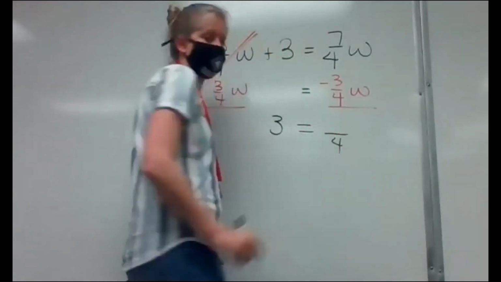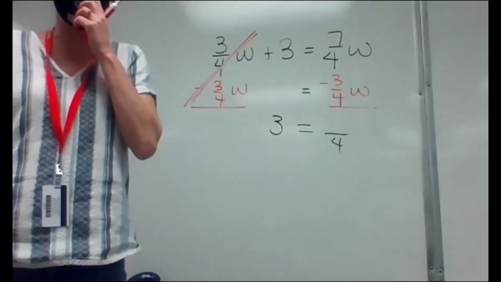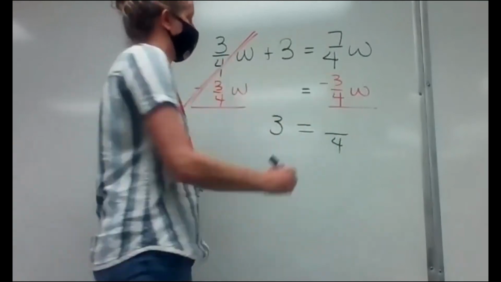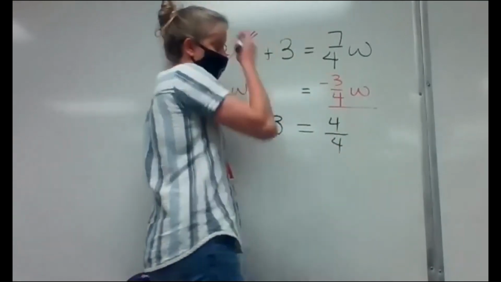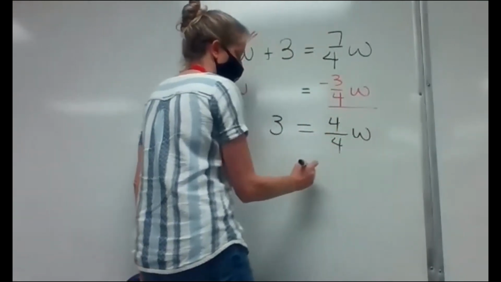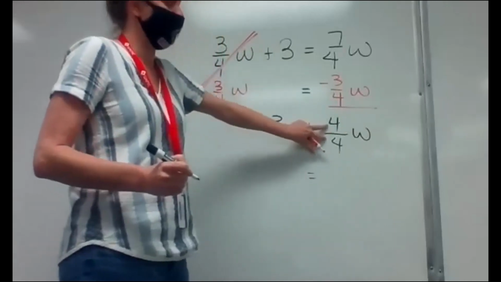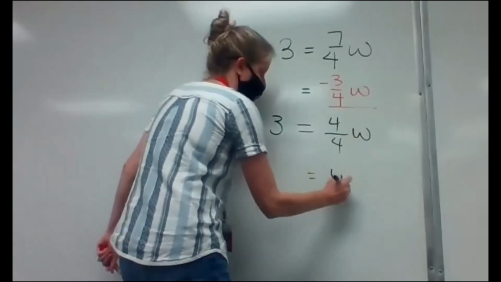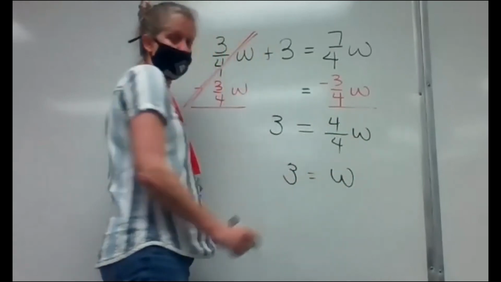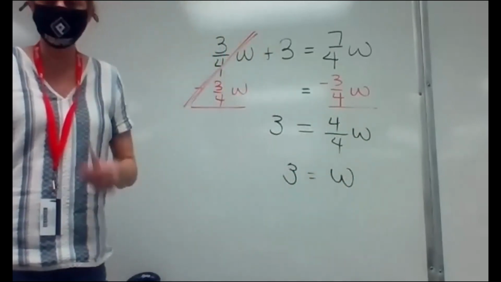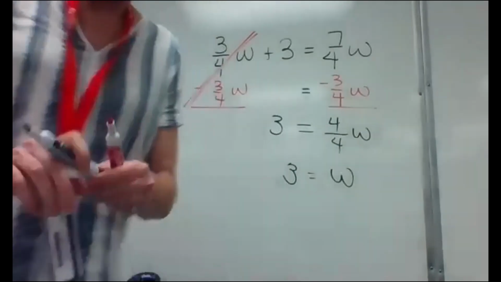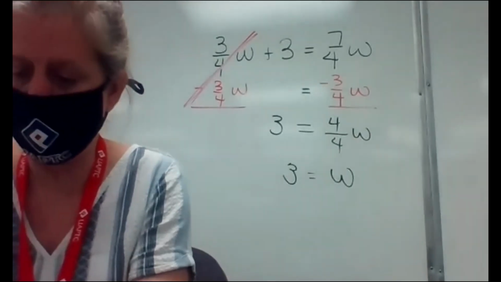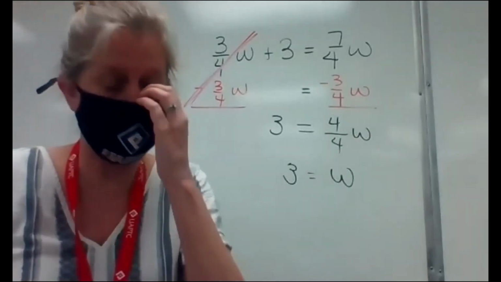I like to see that because they have the same denominator of 4, which means now all I have to do is 7 minus 3, which again gives me 4/4 W, or in other words, 1 W, which is just W, equals 3. Okay?